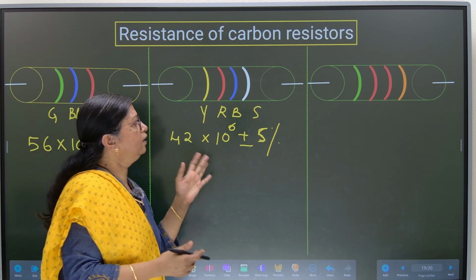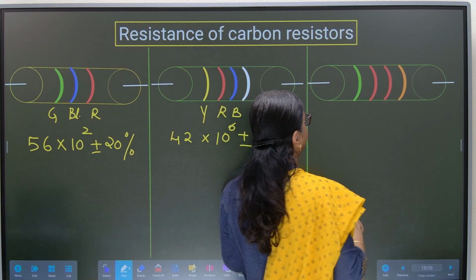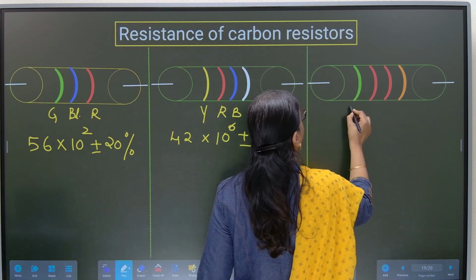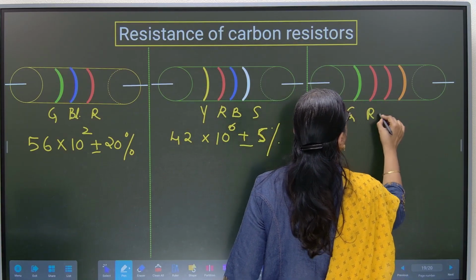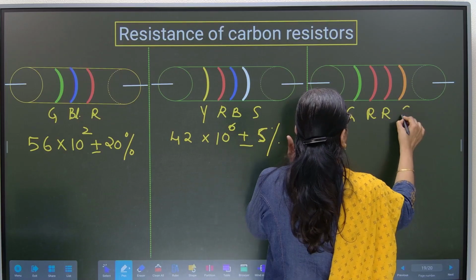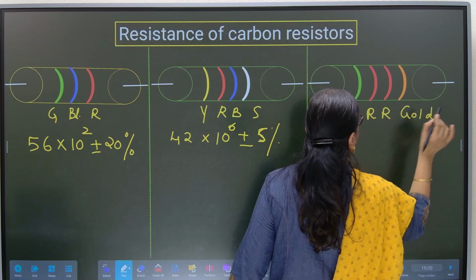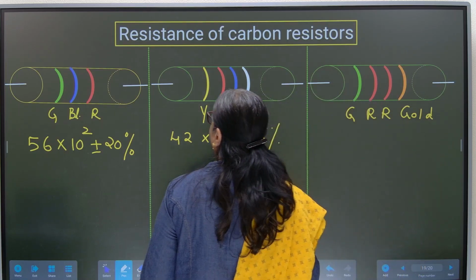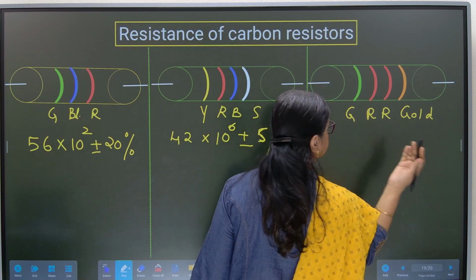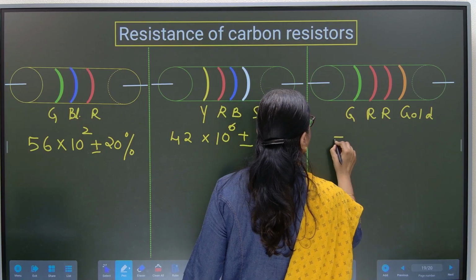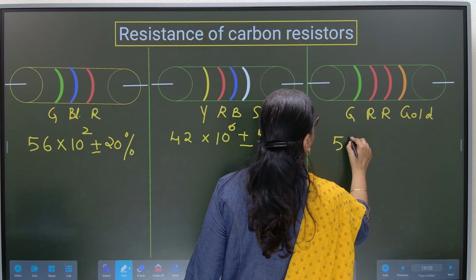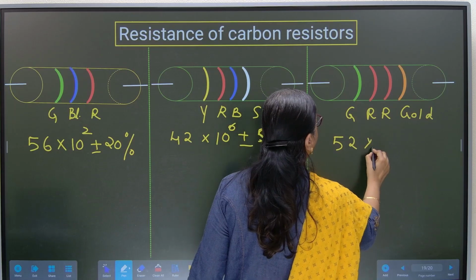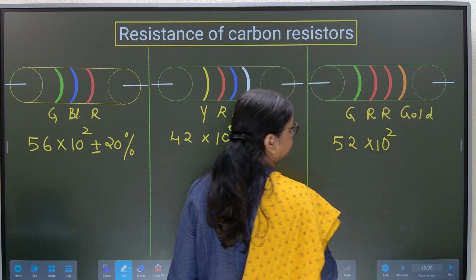Fine. Okay. So now let us go to the third example, where this is green in color, red in color, red in color. Now this is the gold band. Fine. Now green we have already understood with the trick, 5. Red also understood with the trick, 2, into 10 raised to 2.